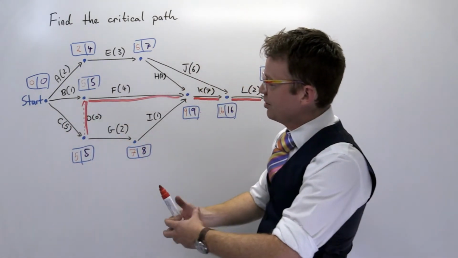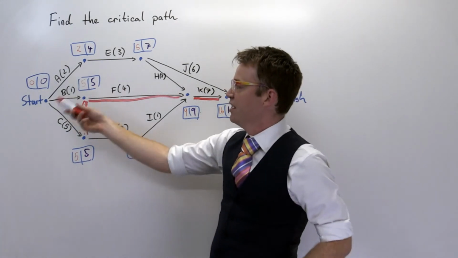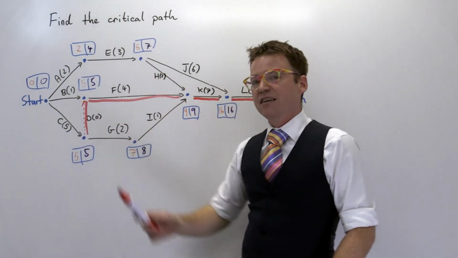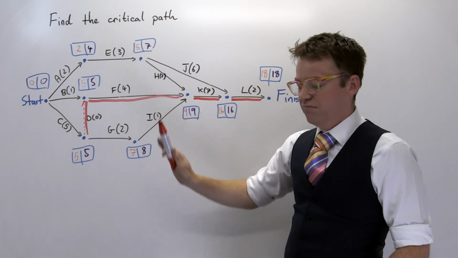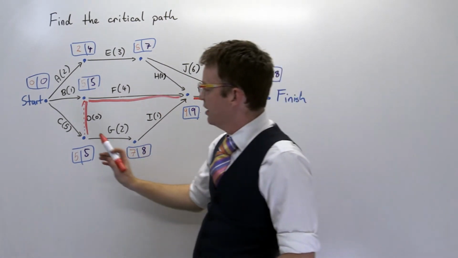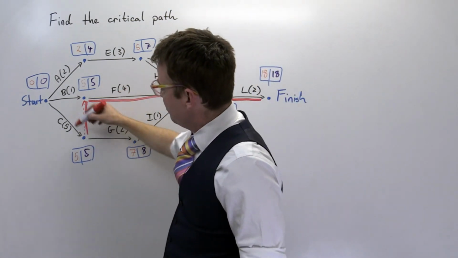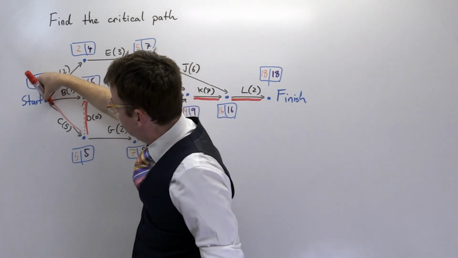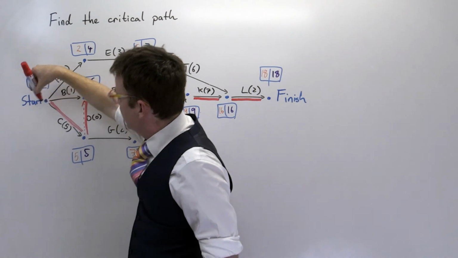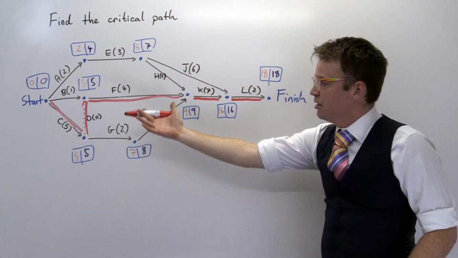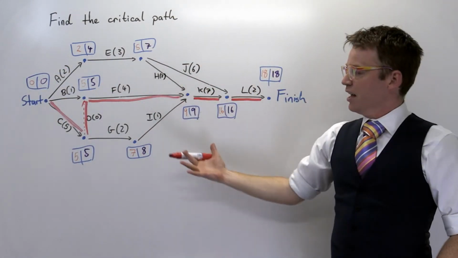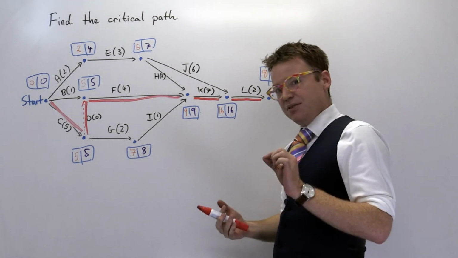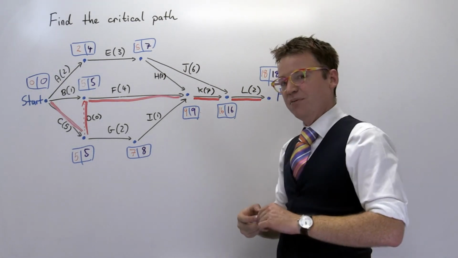You can twiddle your thumbs for 4 whole time units, do activity B, still make it there by time 5. Definitely not on the critical path. Activity C, 5 minus 5 minus 0 is 0, so that's got a float time of 0, and that's on the critical path. And so you can see, by performing the forward scan, then the backward scan, and then looking at the float times, we determine the critical path.